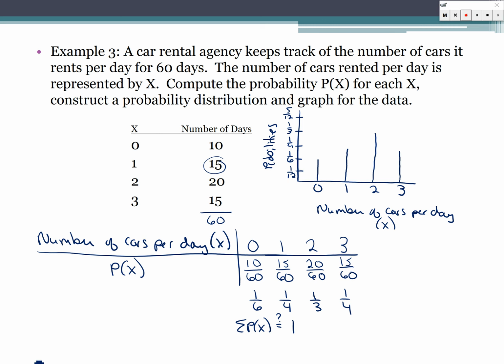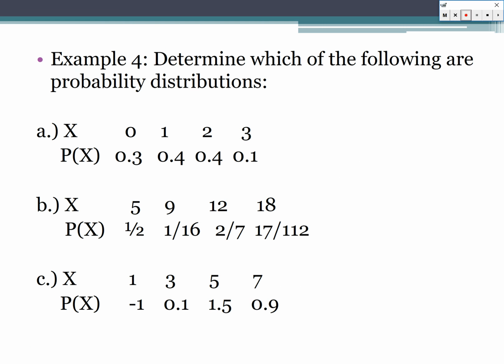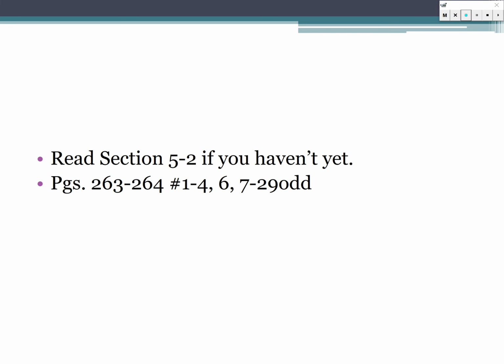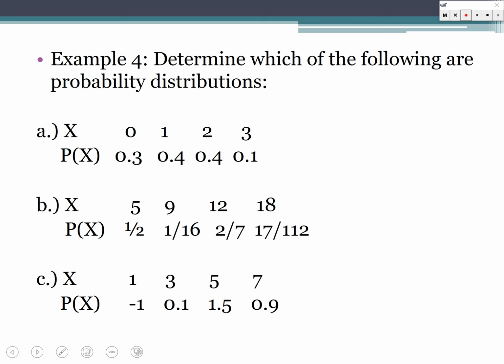Now I want to make sure that I really hit home the idea of what is okay for a probability distribution and what some of the flaws might be. I'm going to make our table there.